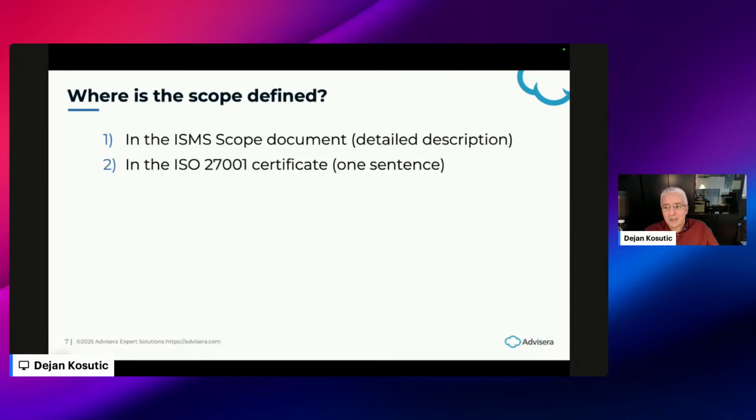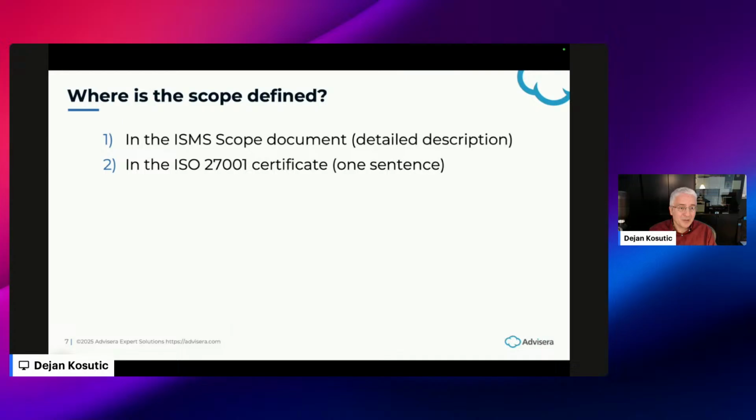The next place where the scope is defined is the ISO 27000 certificate. This is not your internal document. It is produced by the certification body. If your company goes for a certification, then you'll get this certificate, and on the certificate, it needs to say what your ISMS scope is.